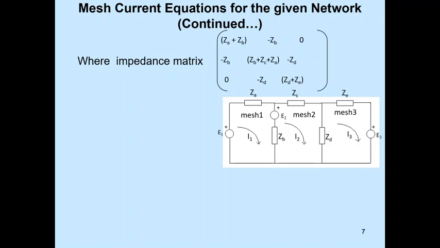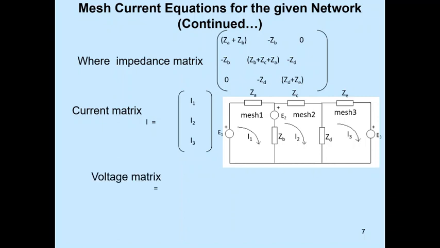The current matrix is I1, I2, I3, and the voltage matrix is E1 minus E2, E2 minus E3.